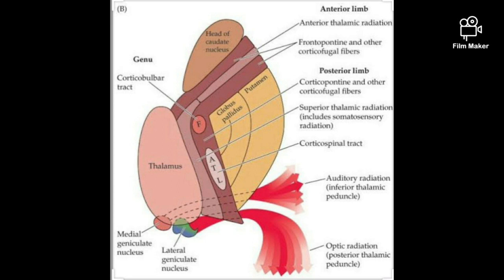These are the corticospinal tract, corticorubral tract, corticostriatal fibers, frontopontine fibers, parietopontine fibers, and superior thalamic radiation. Fibers present in the sublentiform part as well as the retrolentiform part are the auditory radiation as well as the optic radiation.